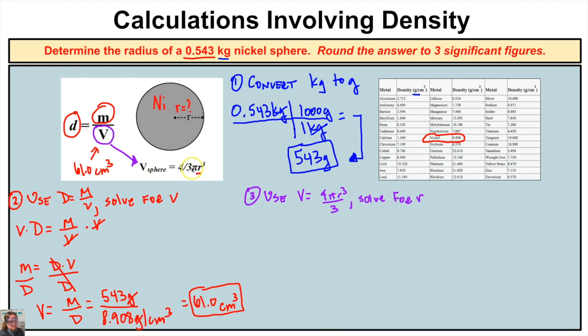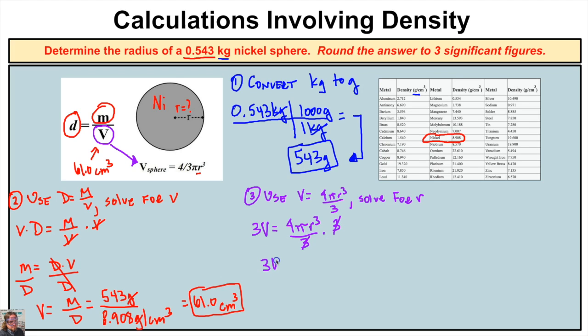And this right here is the same thing as this right here. And so if we know the volume of a sphere is equal to 4 pi r cubed over 3, and we're trying to isolate r and get that all by itself on one side of the equal sign, we're going to have to multiply by 3 first to get rid of the fraction. And what we do to one side, we have to do to the other.